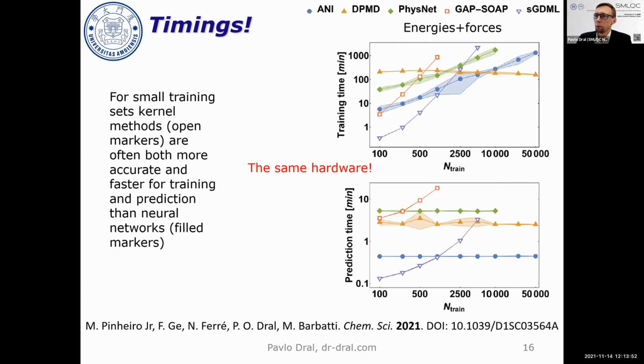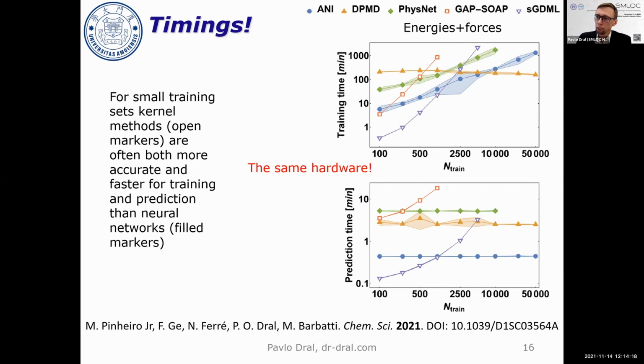One of the problems is that many methods are very accurate, but they're extremely slow to train, especially neural networks. Although the belief is that kernel methods are slow, that's not true if you want to achieve high accuracy by, for example, training on a small number of points. There, kernel methods are much faster and more accurate.